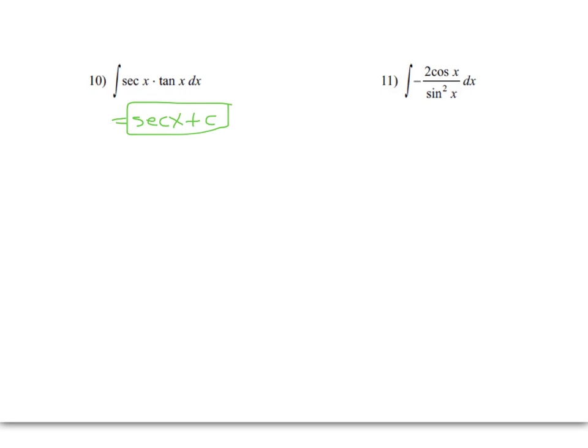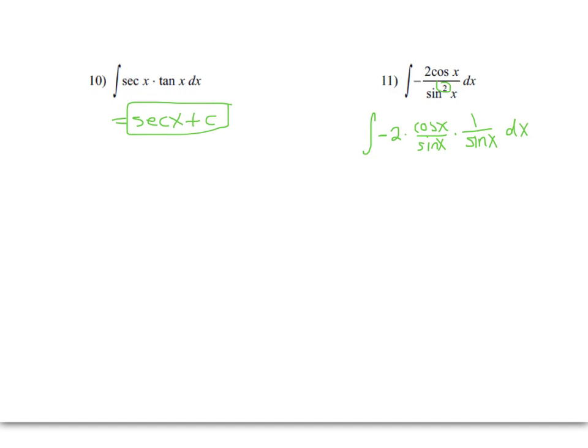On 11, it's not quite that simple because we don't know right off the bat what the integral of this is. So before we actually figure out what it is, we have to use some trig identities. And so we're going to split this up into negative 2 times cosine x over sine x. But if I just have cosine x over sine x and I don't put this squared, that means that I still have another sine x on bottom.